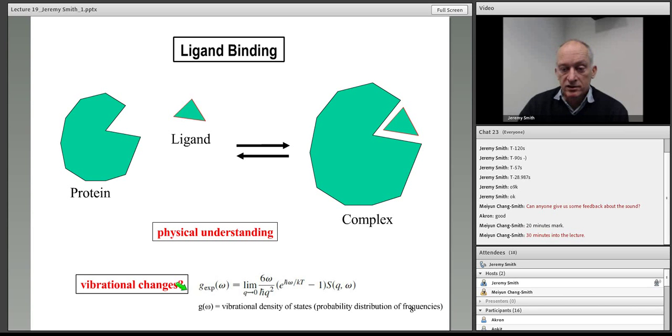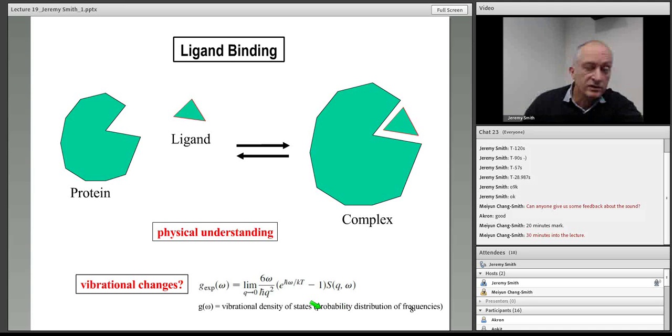Now the vibrational changes, though, how do we get at that? Well, here's the equation that one uses with neutron scattering to get this. I won't go into it in detail, except for one conceptual thing. Firstly, what we get out is something called the vibrational density of states. And that's just the probability distribution of the vibrational frequencies.